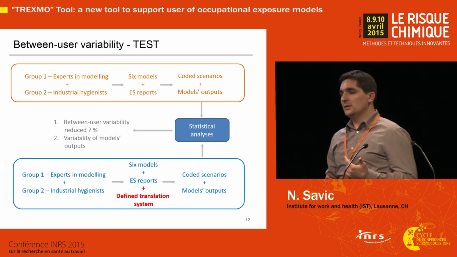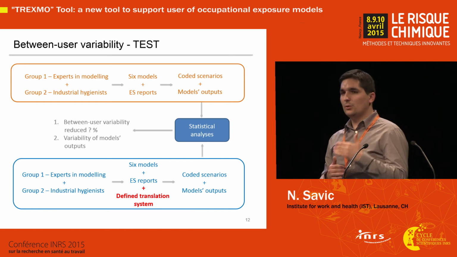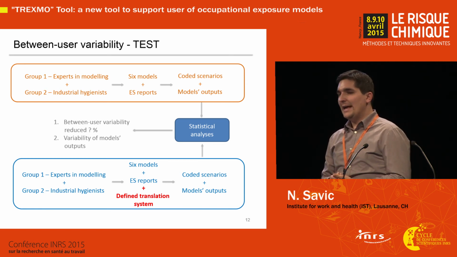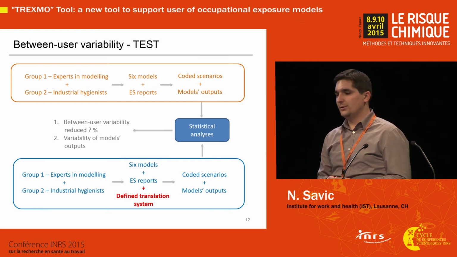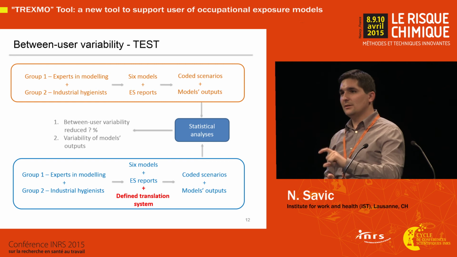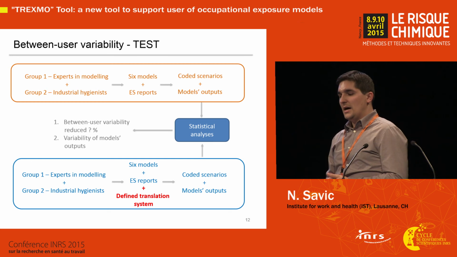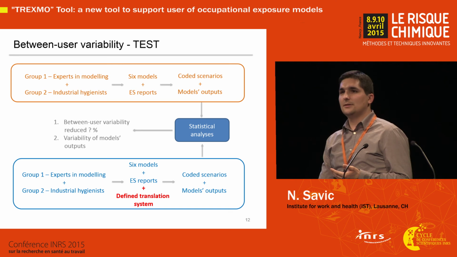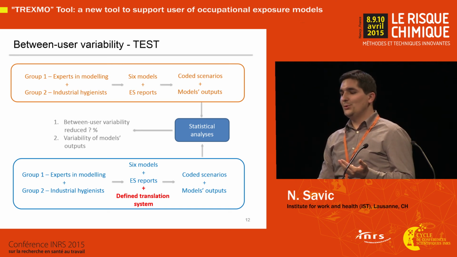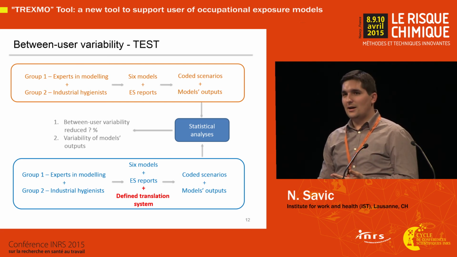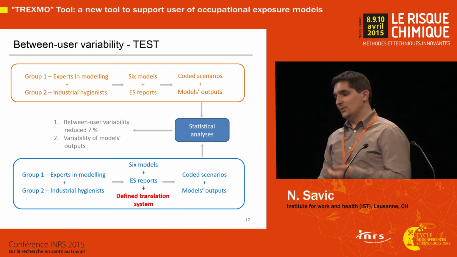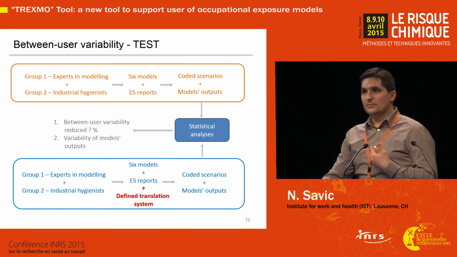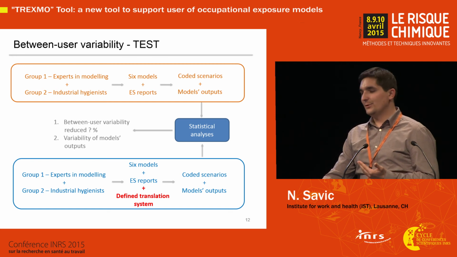From them we will collect a set of coded exposure inputs and model outputs obtained for those scenarios from different users. Then in the second part of this test we will repeat the same test, but we will tell the users to use this predefined translation system. We will give them tables and the tool to use and to repeat the same test from the first part.